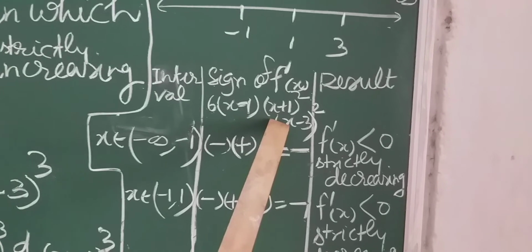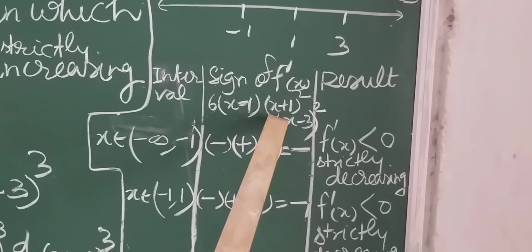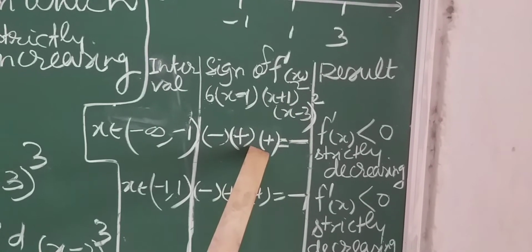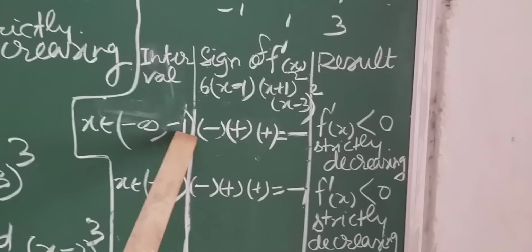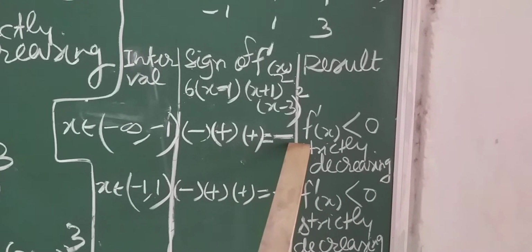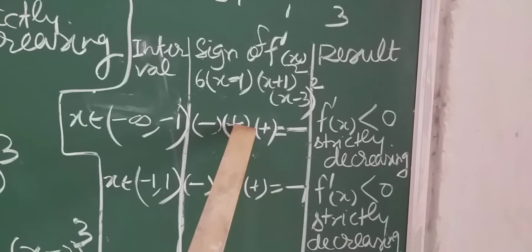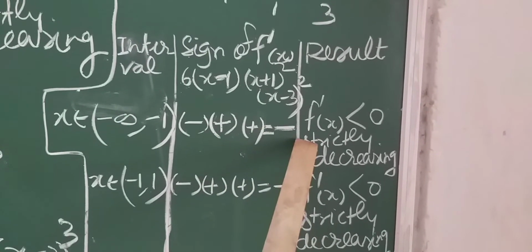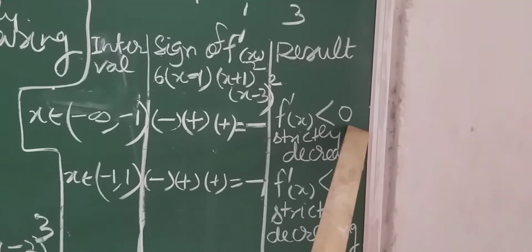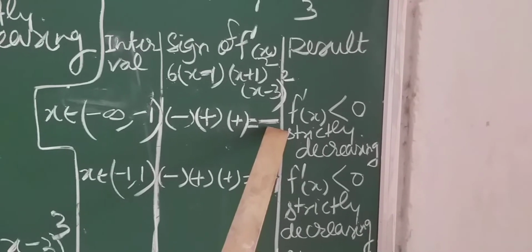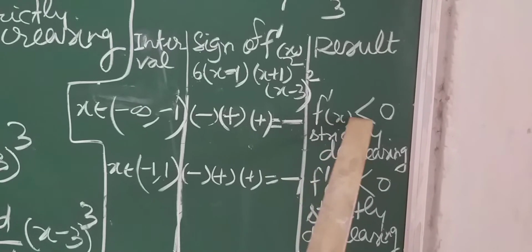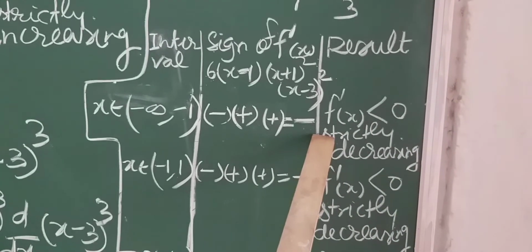When you put x equals minus 2 here, students, then it will be minus 5 whole square. It will also be positive. So minus, plus, plus. So overall sign is negative, student. So we can say f dash x value is less than 0 due to the negative sign. And we know that, student, if first order derivative value is less than 0, then the function is strictly decreasing.